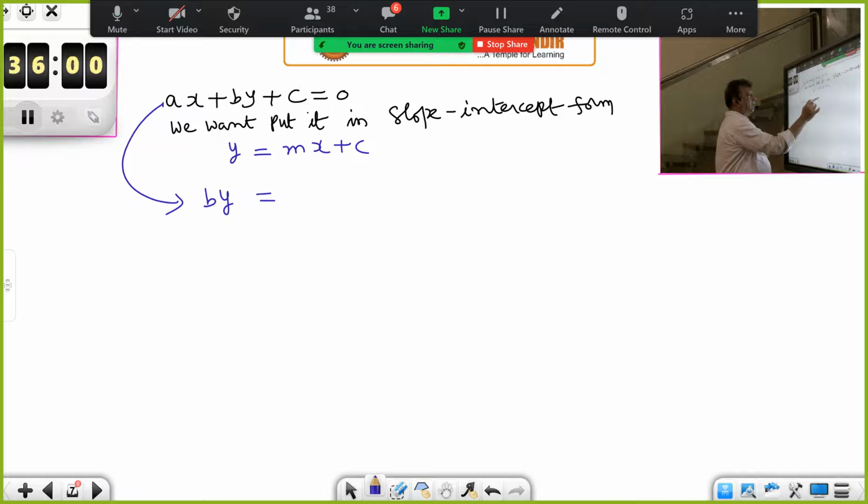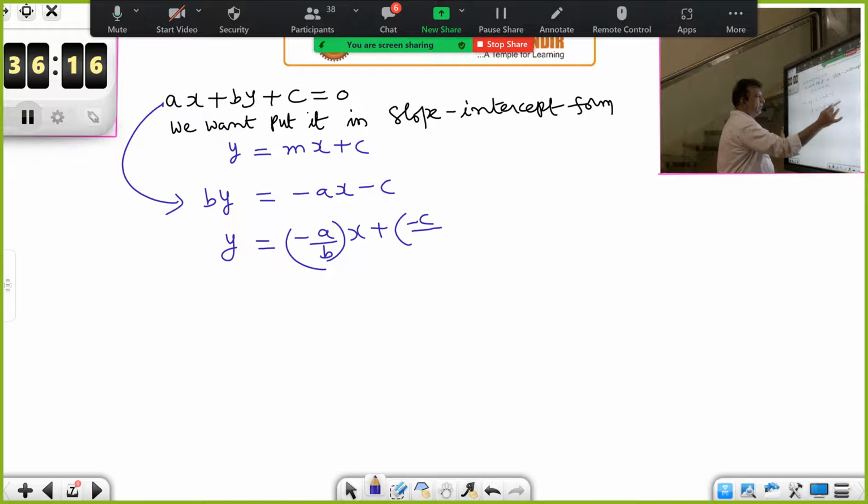Ax plus c will take it to the right side, so minus ax minus c. Divide by b. So you will get y is equal to minus a by b into x plus minus c by b.